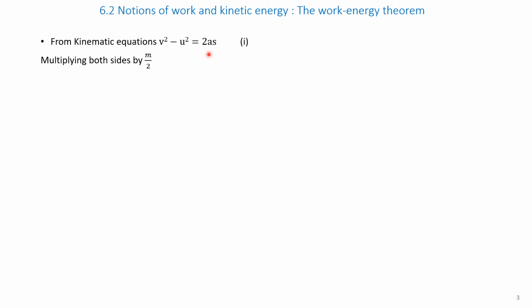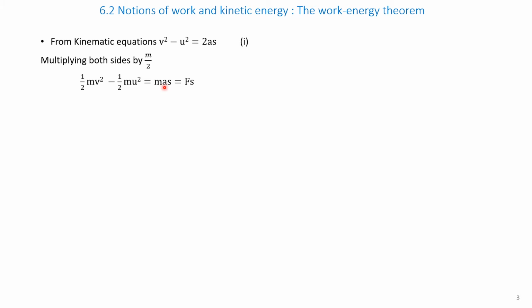Multiplying both sides by m by 2, where m is mass, we get half mv square minus half mu square is equal to m a s, since the 2 and 2 get cancelled.